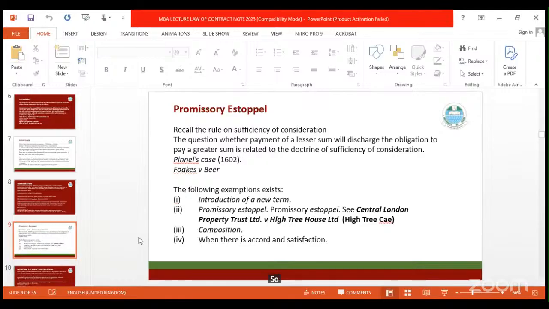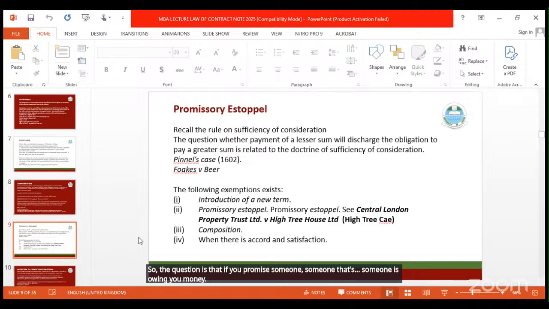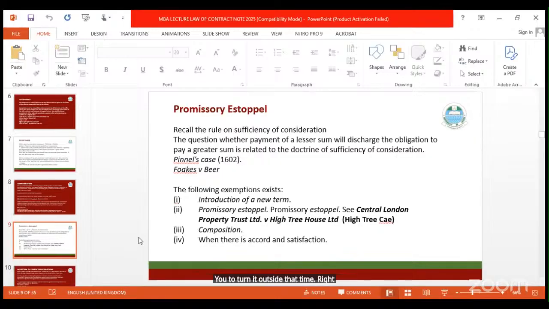So the question is, if someone is owing you money, and you say the person should return it outside the time for refunding the money to you. The price being paid is that he ought to have returned this money in eight months or one year, but you now ask him to refund it now.